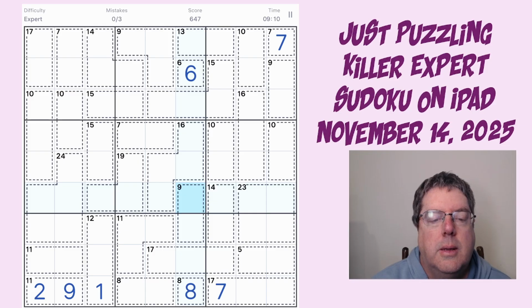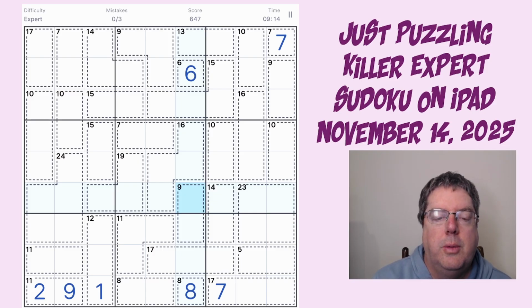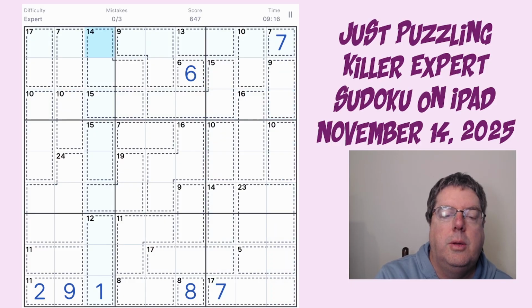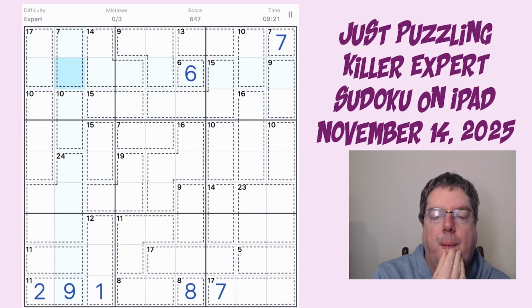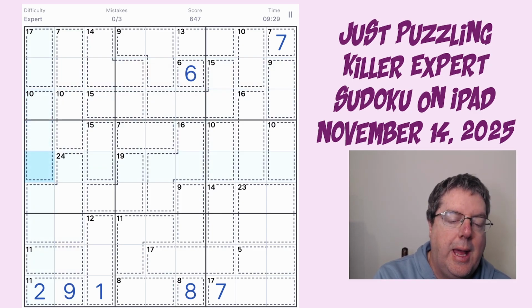8, 6. So 6, well, hang on, 6 can't be there, so 6 is there, so that can be 6 and 1. 3 and 4, 2 and 5. So this has to have a 1 there.